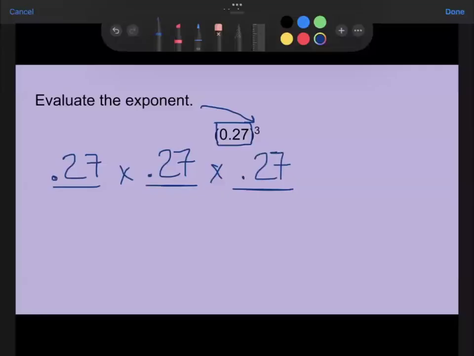Okay, now ignoring the decimals, I'm going to multiply 27 times 27 times 27, which is a lot of work. But once I am done with it, I should end up with 19683.